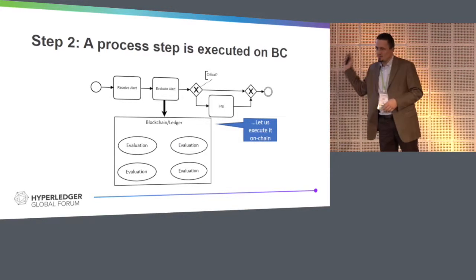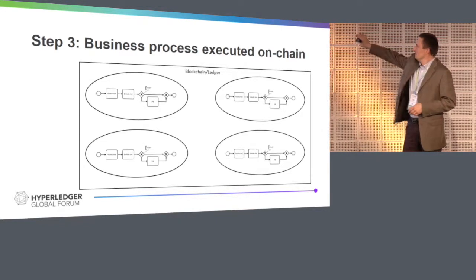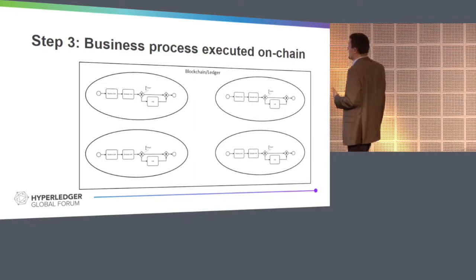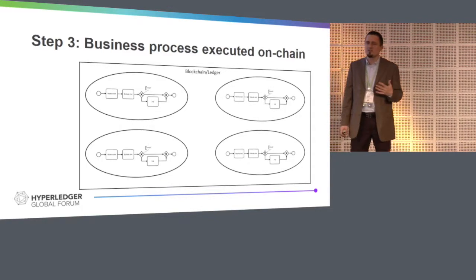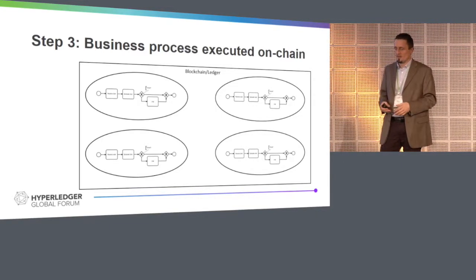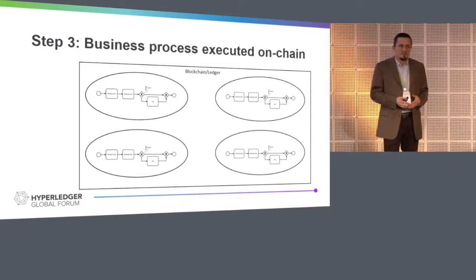So let's execute the entire thing on blockchain. In this case, there would be a chain where the nodes executing the smart contracts will execute the logic of the business process. So the business process itself would be executed on chain. What are the consequences of that?